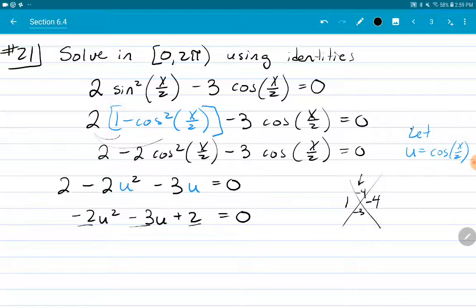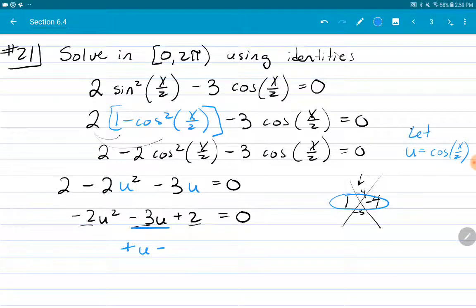So I'm going to replace this negative 3u with a positive 1u and a negative 4u, again not changing the values.